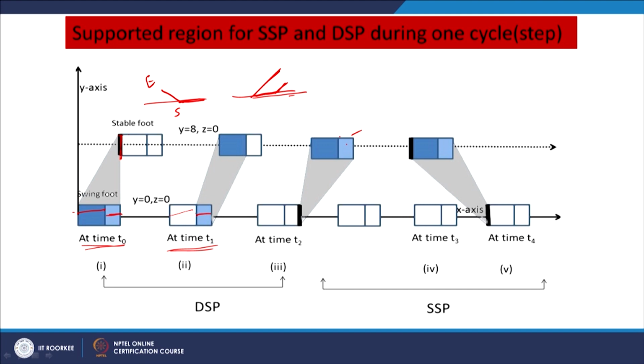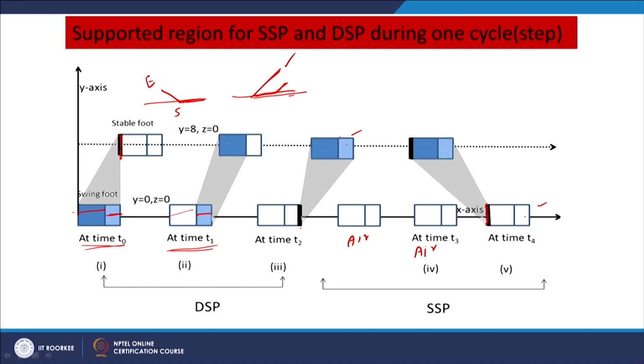At the same time, the swing foot is moving in the air, and then it steps down on the ground. Here a little bit of it is touching the ground, and the remaining portion is exactly in the same way. The swing leg has become the stable leg from this point onwards. So, one particular step is shown here.